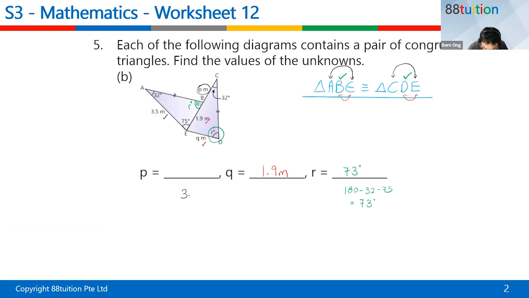So 3.5 is the entire AE, but this portion is 1.9 already. Minus away the 1.9 to give you the P. Ta-da! Answer is 1.6 meter. Can or not, children? Not too bad.